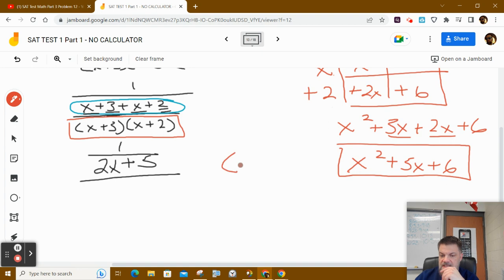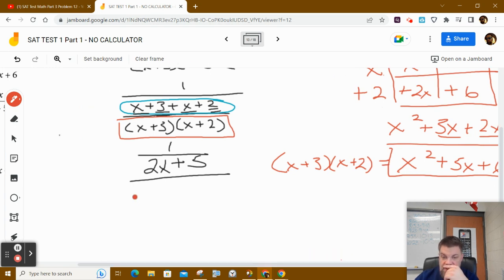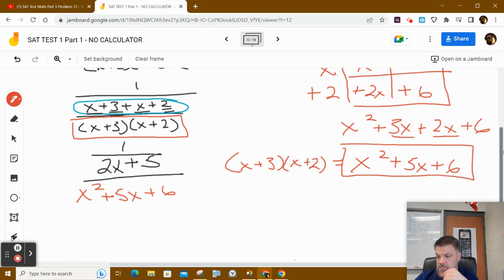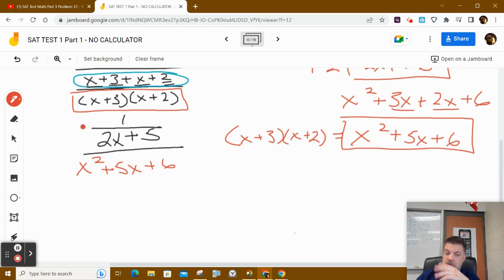In other words, if I say x plus 3 times the quantity x plus 2, it equals this stuff. So over here, I'm going to put x squared plus 5x plus 6. Okay? That's an answer. Well, sort of.